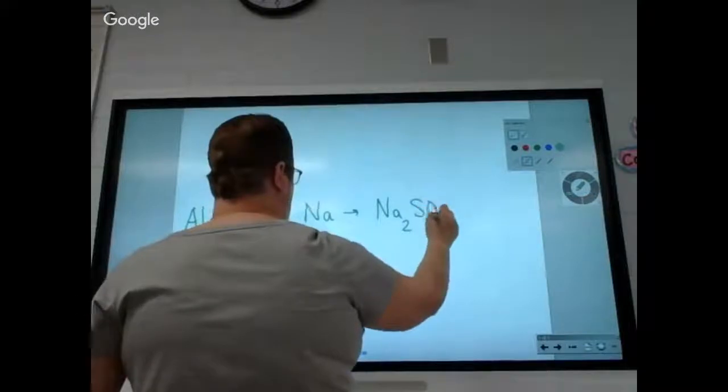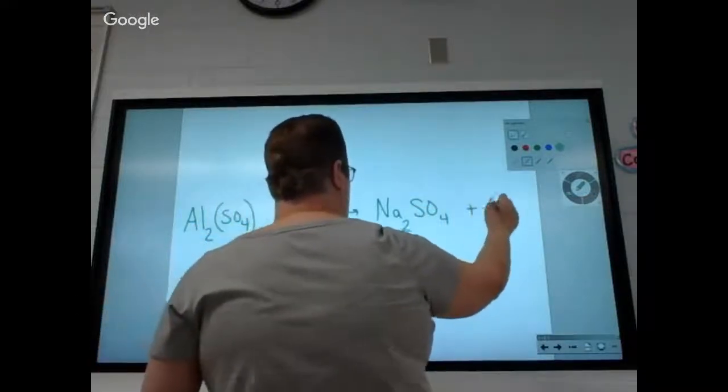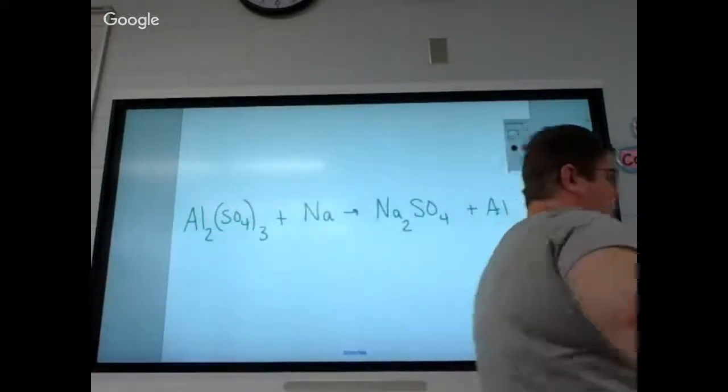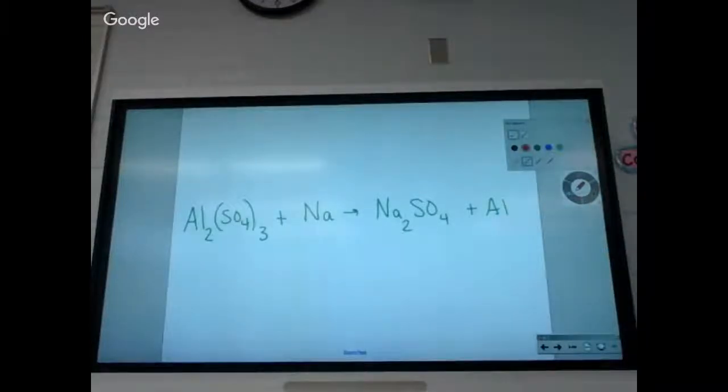This one I put a polyatomic ion in to explain how polyatomic ions are going to work. Now, in the next one, I'm going to put multiple polyatomic ions in. But in this one, I only put one just to explain the easiest way to balance a polyatomic ion.